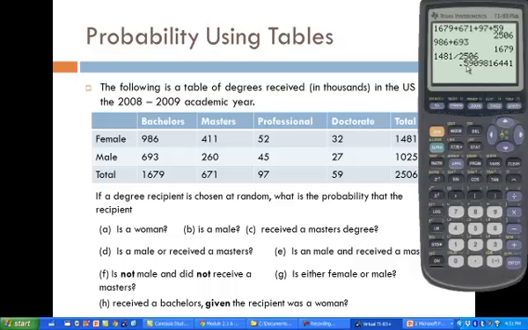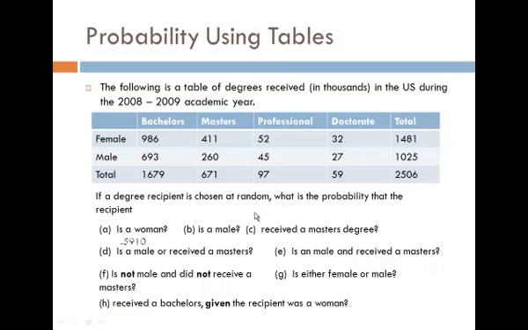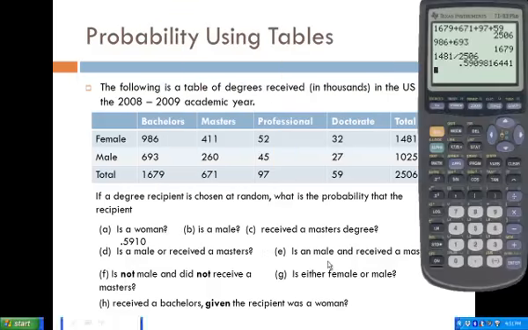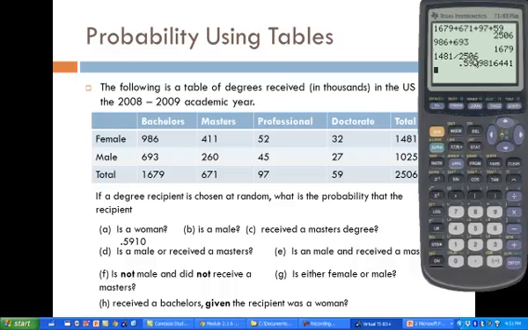We're looking at 59.098, so 59.10%, or 0.5910. Now, you'll notice you're going to have to keep typing in that 2506. So I'm going to take 2506 and hit the store button, and store that as a letter.